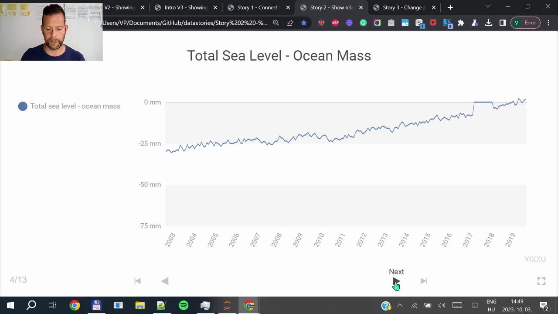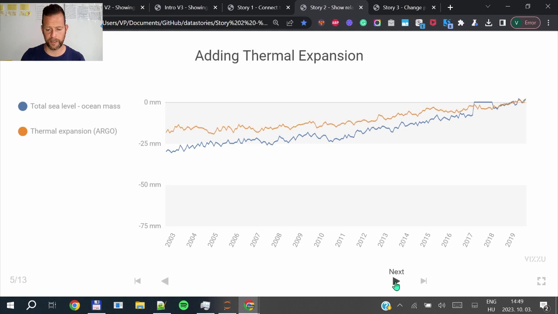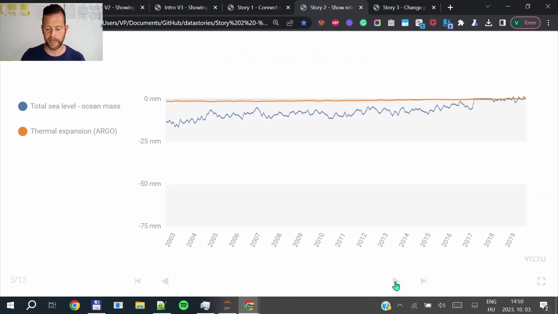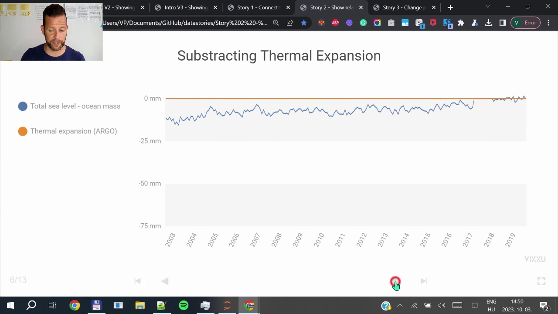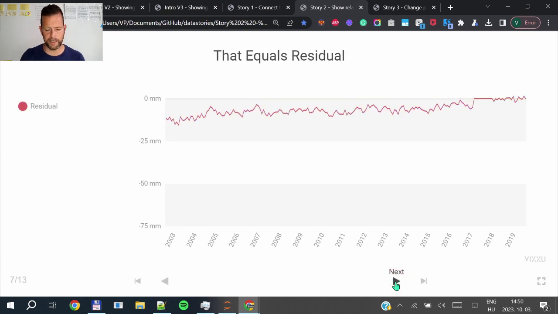And then we can also show the thermal expansion and subtract that from this blue line, and that will end up being the residual. So in a very easy way, using these animated transitions, we could just tell a simple story of the relationship between the components.